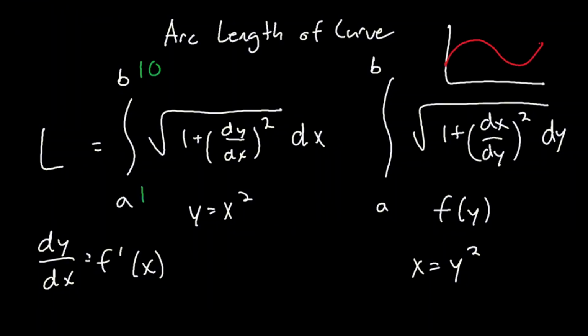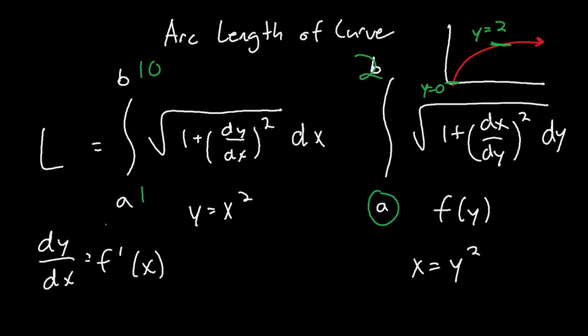If you wanted to calculate the arc length of the curve from, let's say, y equals 0 and y equals 2, then your bounds for your function would be 0 and 2.